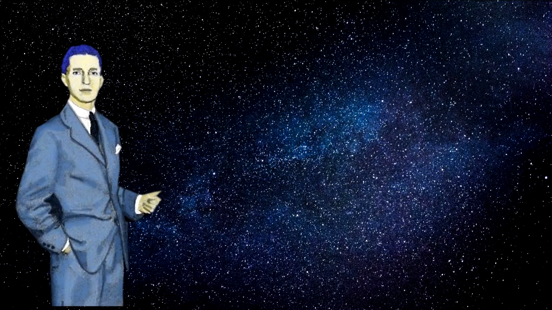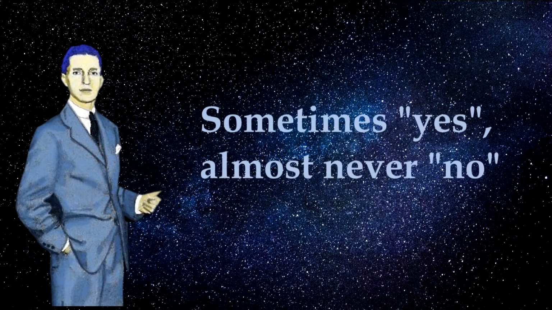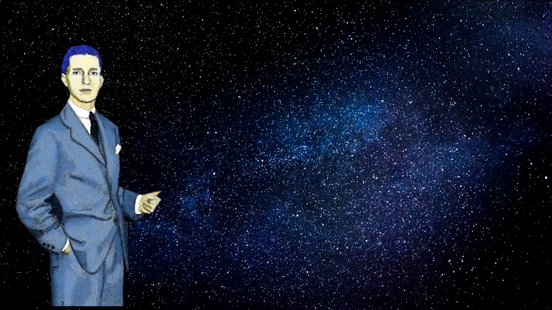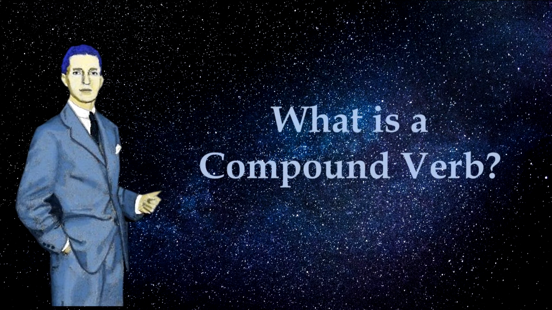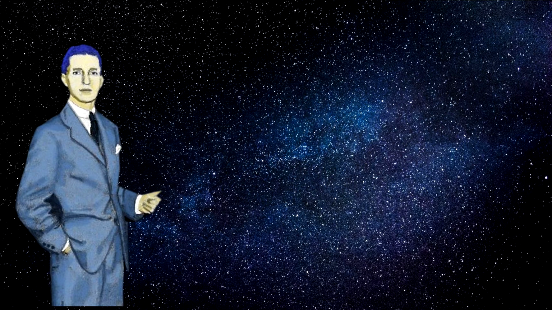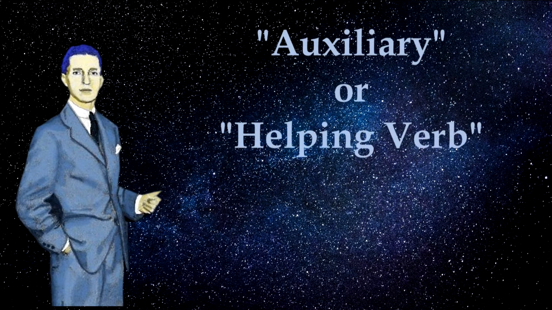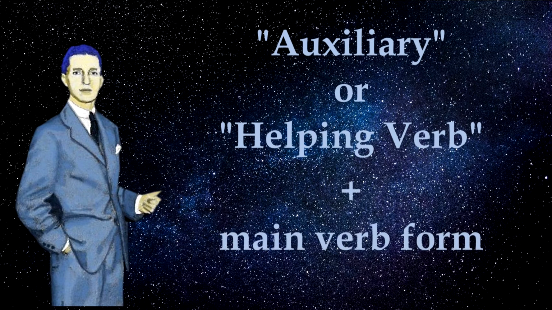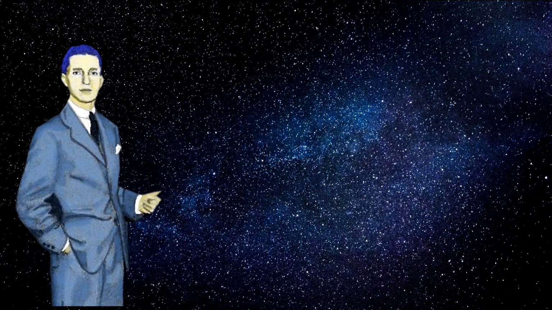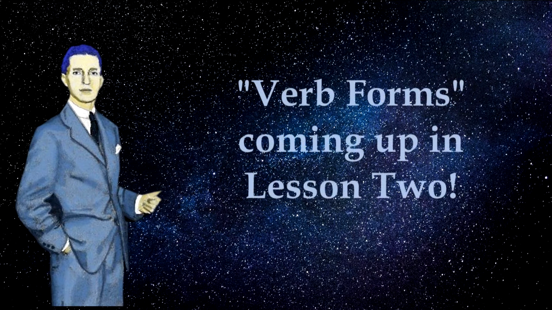You'll probably sigh and then reply, well, yes and no, Sally. Now do let me explain. First, we have to define what a compound verb is. A compound verb is a combination of the so-called helping or auxiliary verb and a particular form of the main verb. The forms of the main verb I will go into in more detail in Lesson 2.